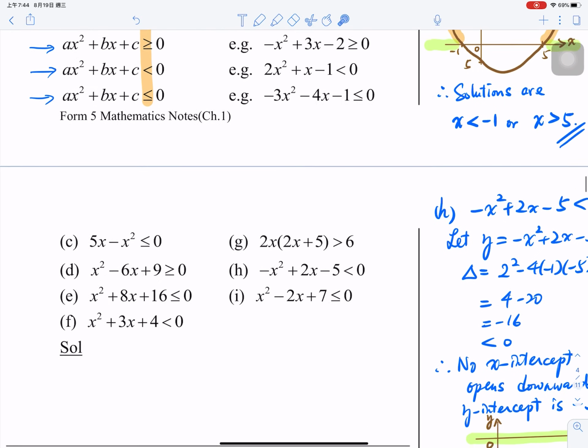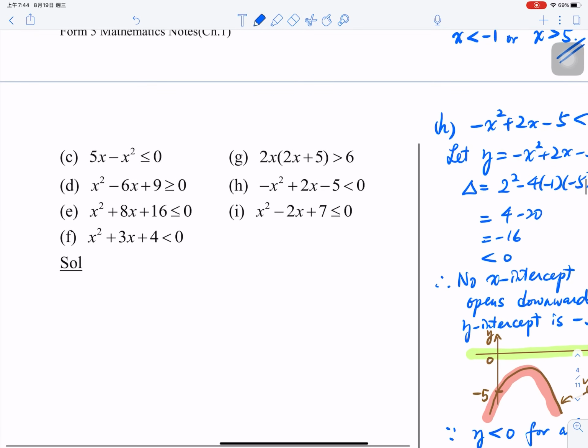Let's have a look one more. Part C, which graph opens downward. Have a look. Here, 5x minus x squared smaller than 0. Then I will draw this one with you. I let y equals 5x minus x squared. You can rewrite it as negative x squared plus 5x.